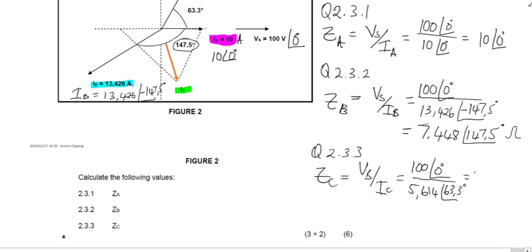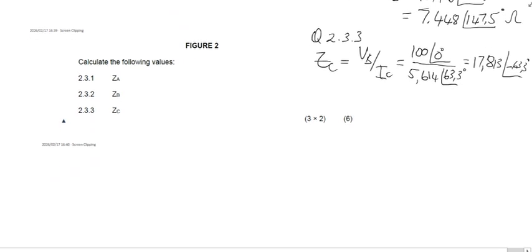So that gives us 17.813 at an angle of negative 63.3.